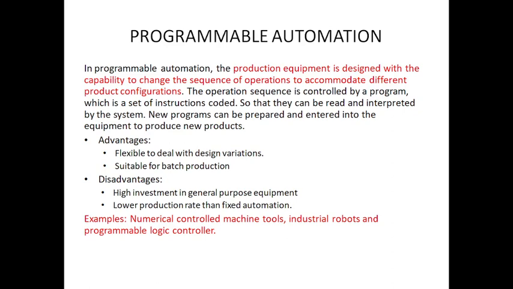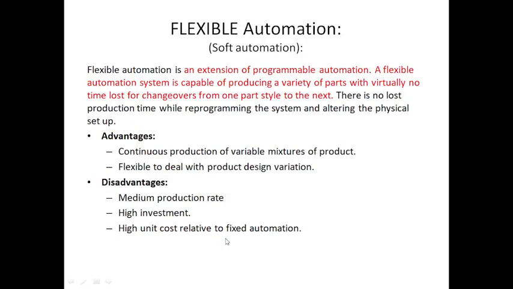The disadvantages are the high investment cost, because you need programming for each and every step, and a lower production rate than fixed automation. You can make use of CNC machines, industrial robots, or programmable logic controllers in this kind of programmable automation.